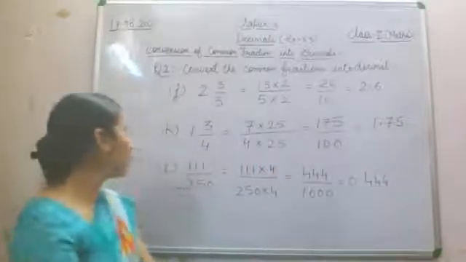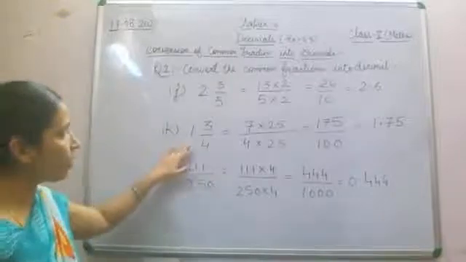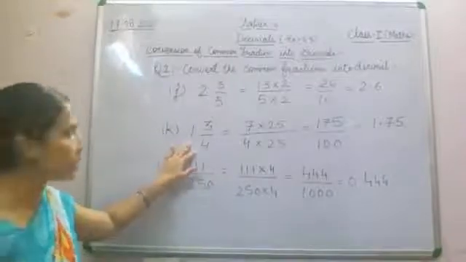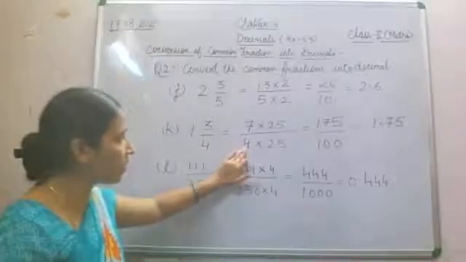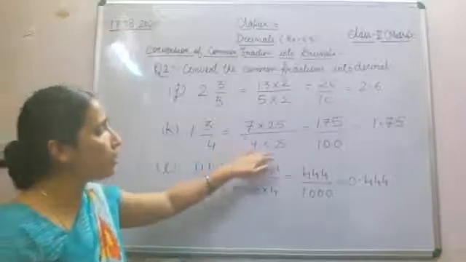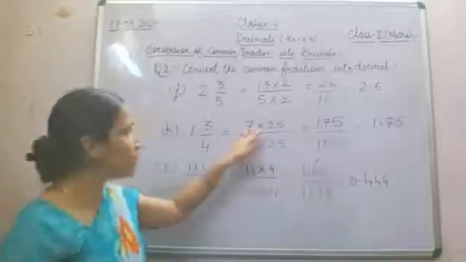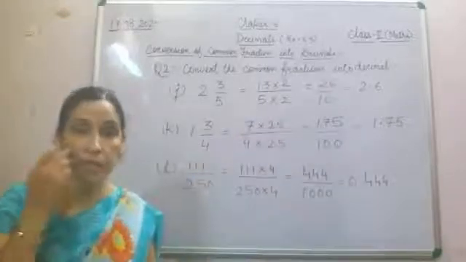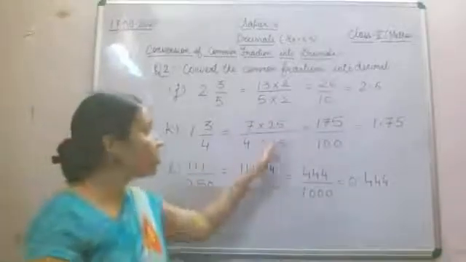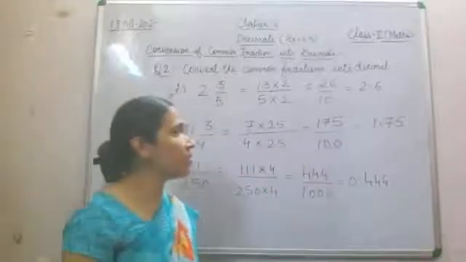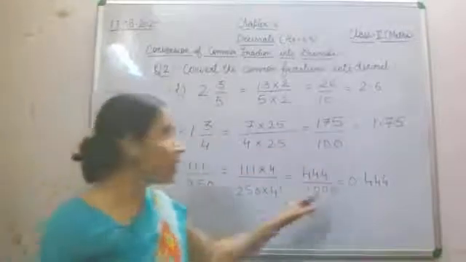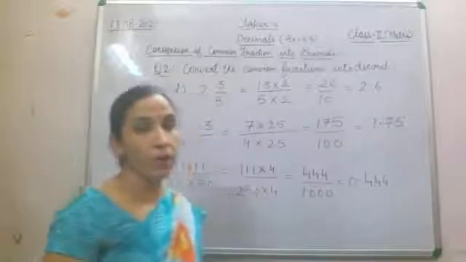Now let's come to our K part. Again you have been given a mixed fraction. First step, change it into an improper fraction. Now 4 will be multiplied by 25 to get 100 in the denominator. Similarly 25 will be multiplied in the numerator also. So we'll get 175 divided by 100, which is 1.75.